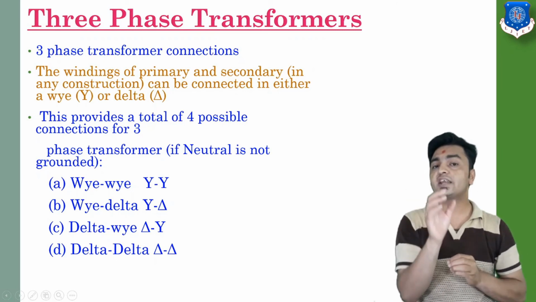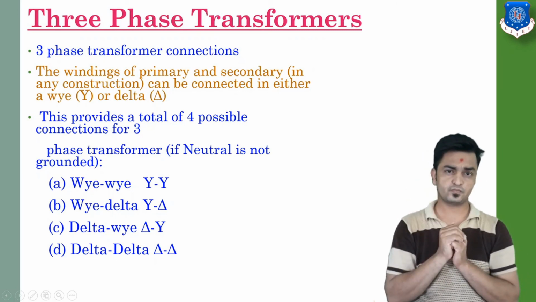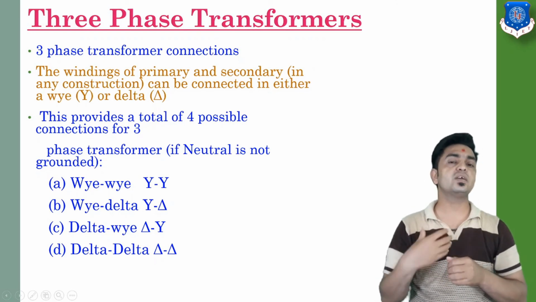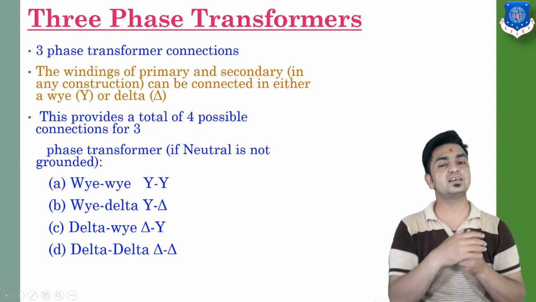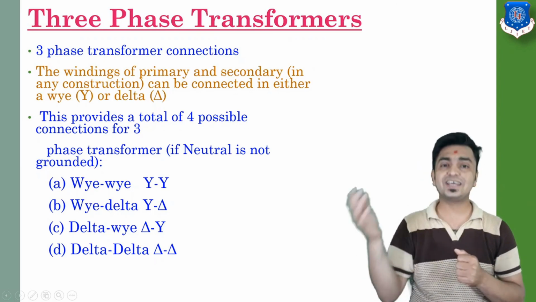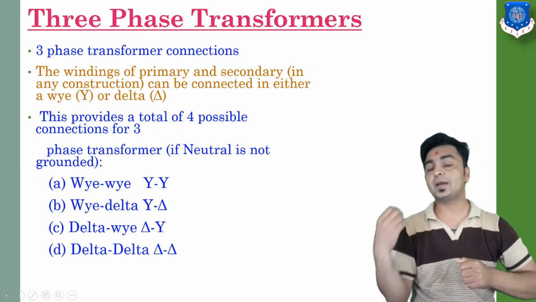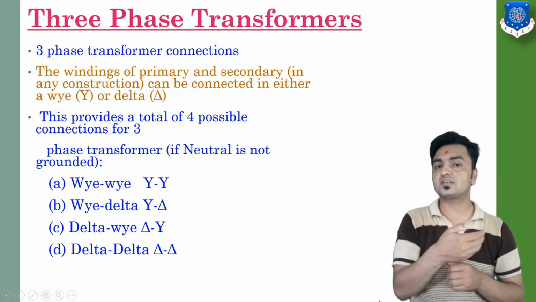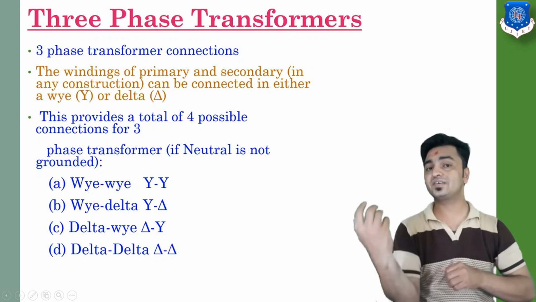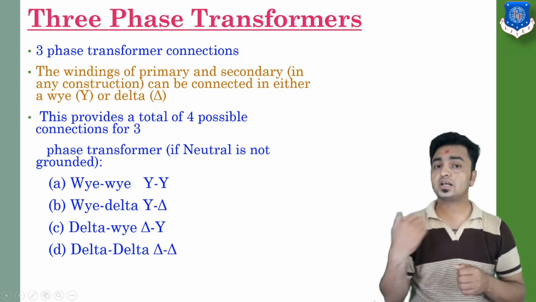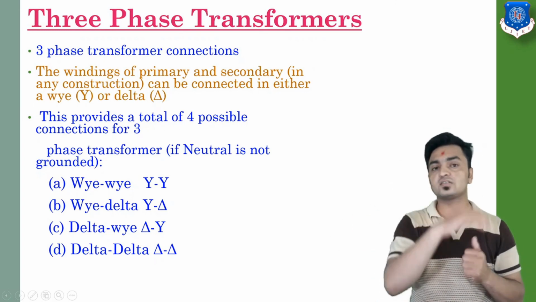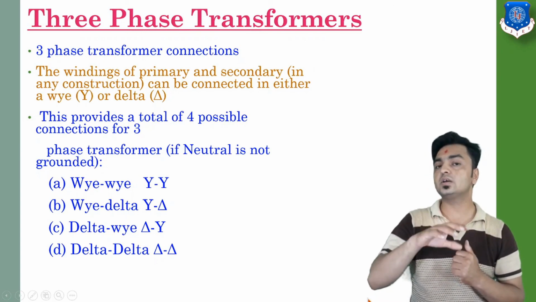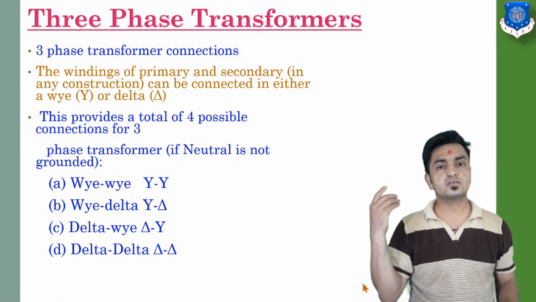Due to that variable, meaning alternating, flux, an EMF will be generated in the secondary winding, meaning we will get output on the secondary side. So this same working principle can be applied to the three-phase transformer. As there is no difference in the working principle of single phase and three-phase transformers, it is not discussed again here. You can consider the same theory we discussed for the single-phase transformer.